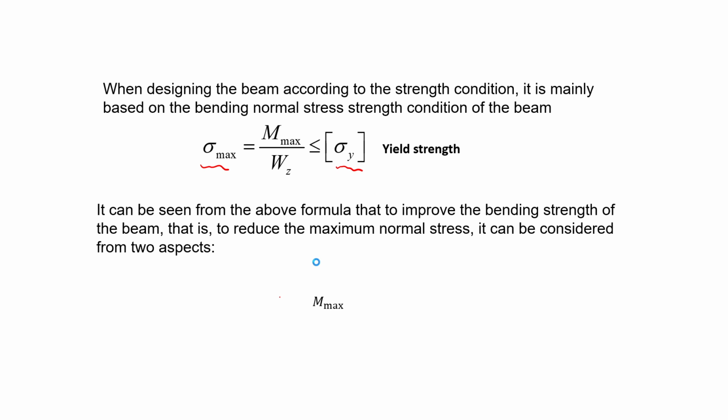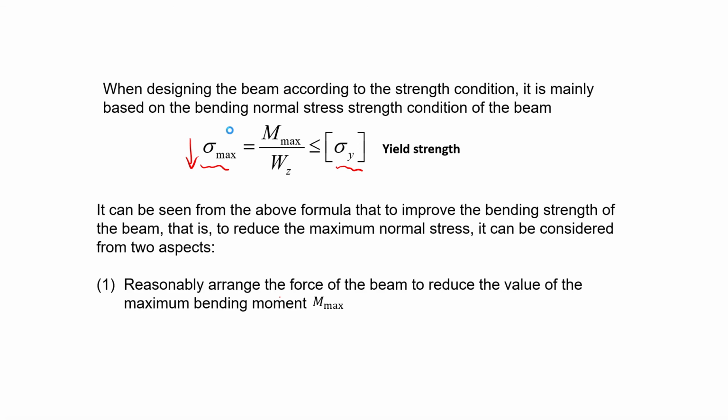So to do that, we simply look at this equation here. In this case, we want to lower the sigma max generated in the beam. How to do that? First of all, you can reasonably arrange the force on the beam so that you can reduce the value of the moment.